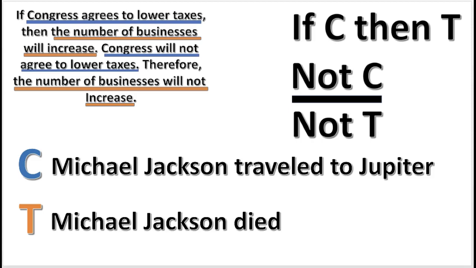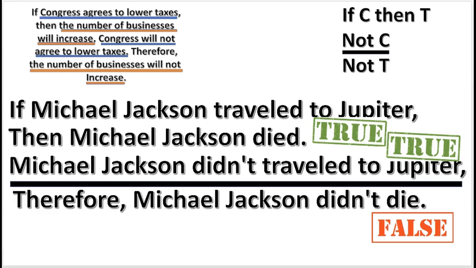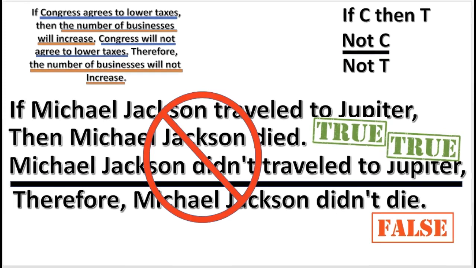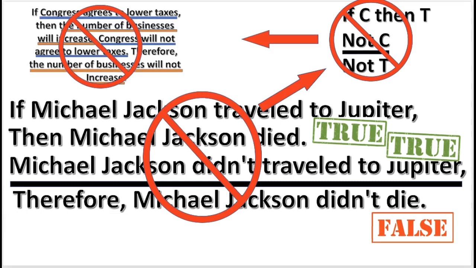Here are two possibilities. C: Michael Jackson traveled to Jupiter, and T: Michael Jackson died. Now when we substitute these terms, it turns into this argument. And since the Michael Jackson argument has true premises and a false conclusion, it is clearly invalid, which means that the form is invalid, which means that the original argument is invalid.